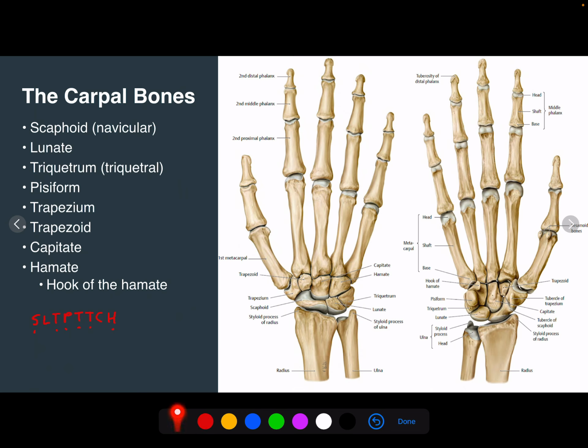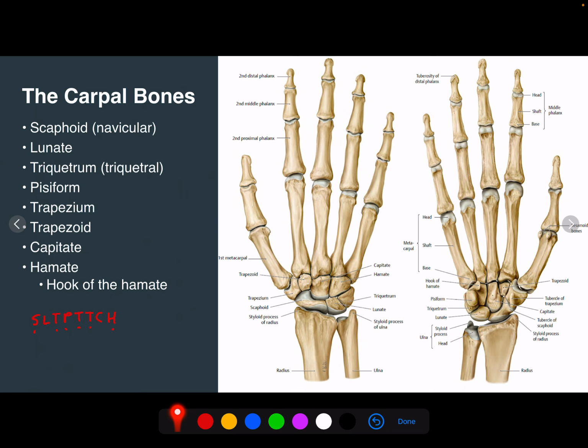We have our scaphoid, lunate, triquetrum, trapezium, trapezoid, capitate, hamate. All right, what's missing here? Well, we don't have a pisiform here because we can only see that from the palmar, or anterior, view.